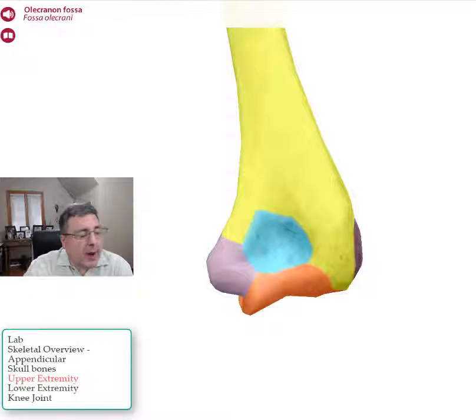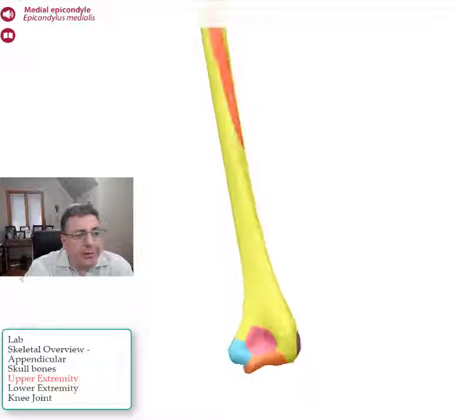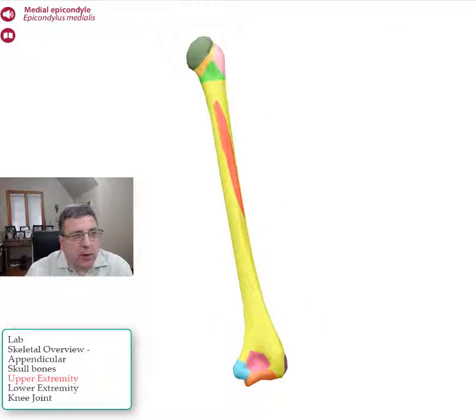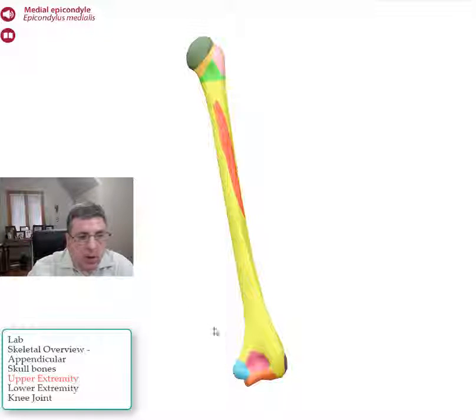Two common areas that you will definitely need to be aware of are your medial and lateral epicondyles, okay? This is the medial side. This larger bump, that's the medial side, and that bump is called the medial epicondyle, okay?